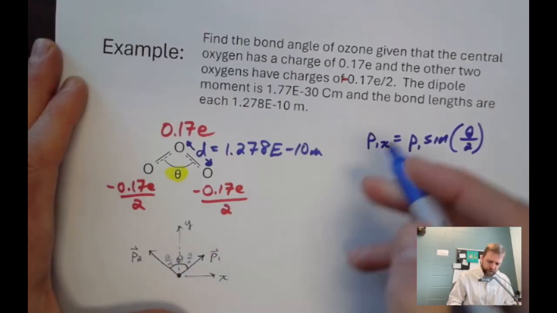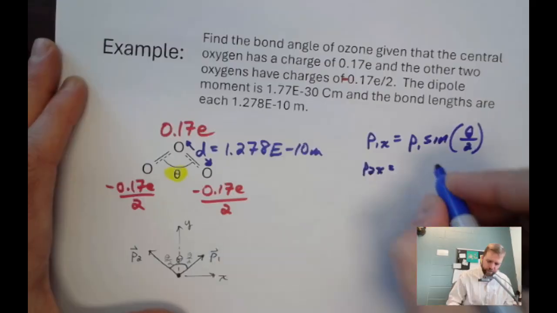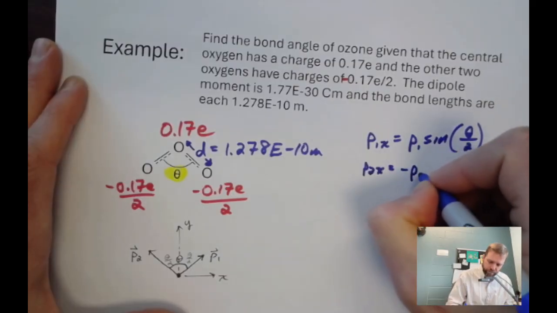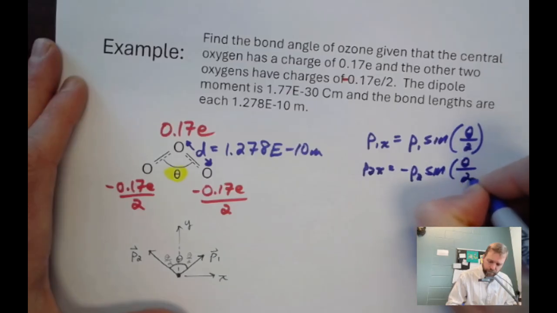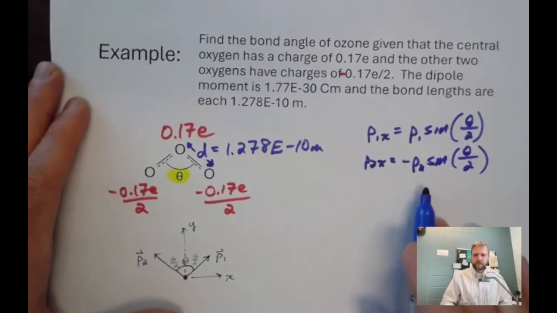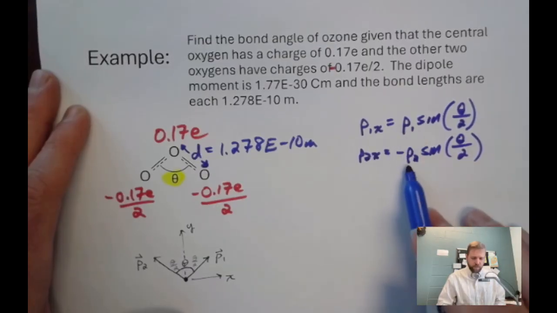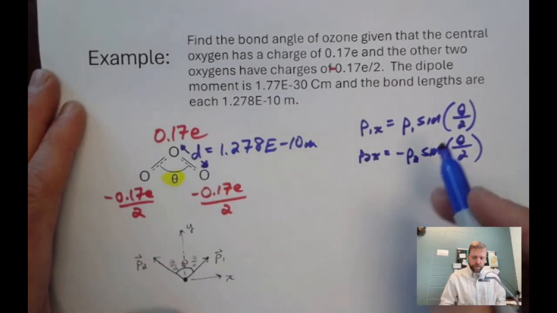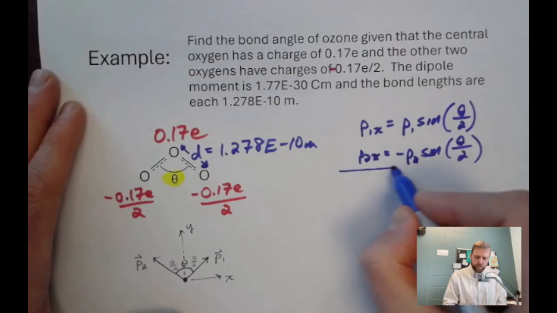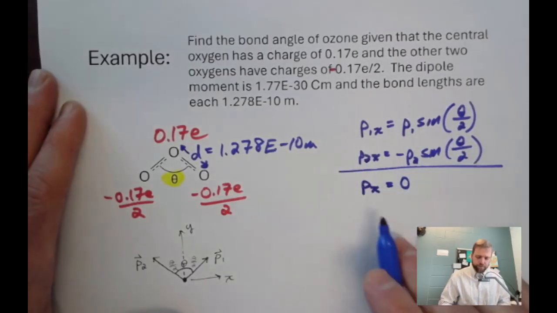Then P2x is equal to negative P2 times the sine of theta over 2. Since these have the same magnitude, because both have the same charges, they cancel out. So when I add these together, Px is equal to 0.